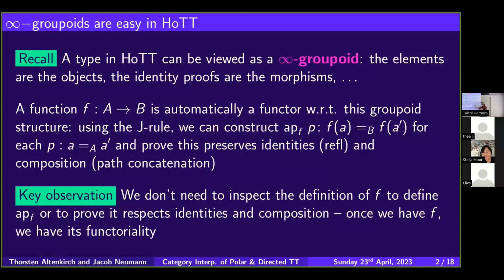We can prove this ap once and for all for every single function on every single type, and you don't have to dig into the weeds of proving functoriality or even supplying the morphism part. It just happens automatically. So this is a very nice story, a very nice picture.